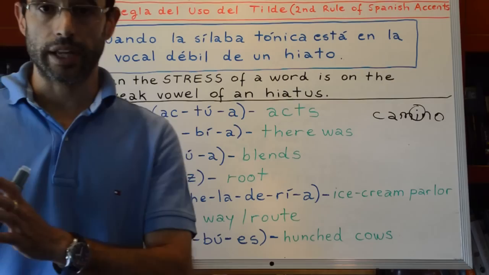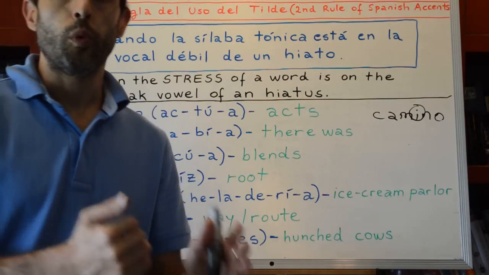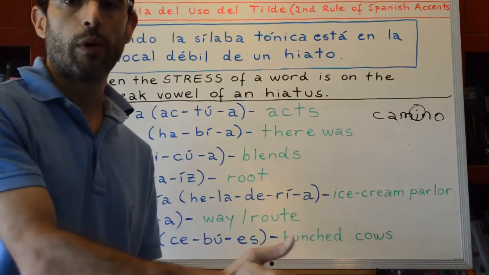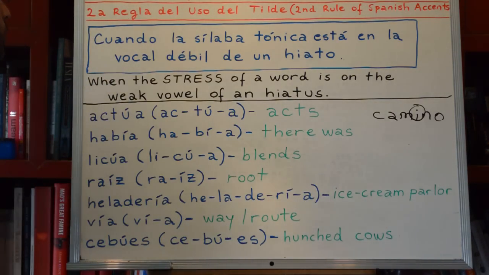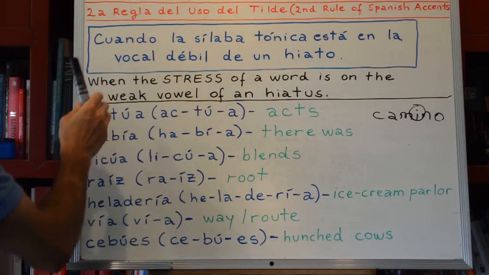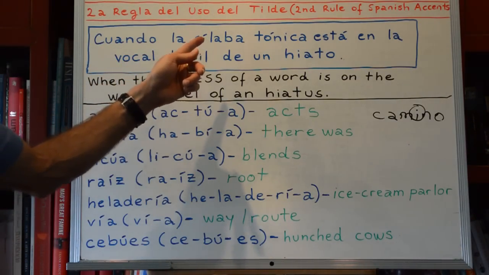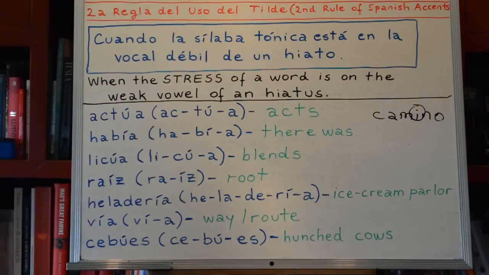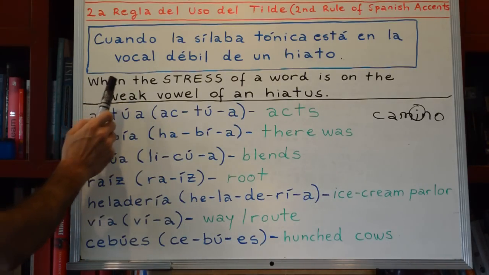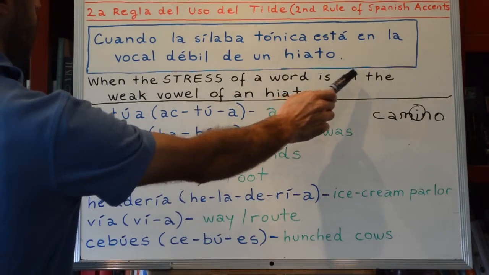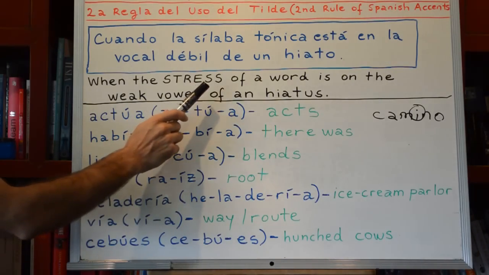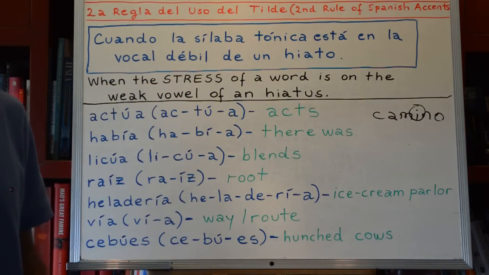So I assume you understand which are the weak vowels and which are the strong vowels, okay? Good. So, what does this mean? Cuando la sílaba tónica está en la vocal débil de un hiato. It's exactly this. When the stress of a word is on the weak vowel of an hiatus, okay?